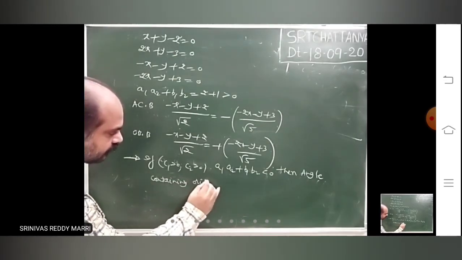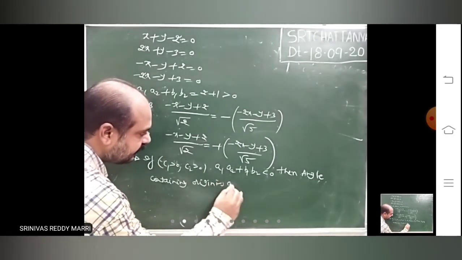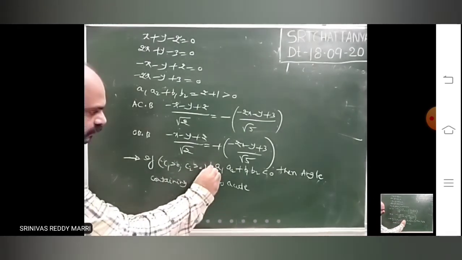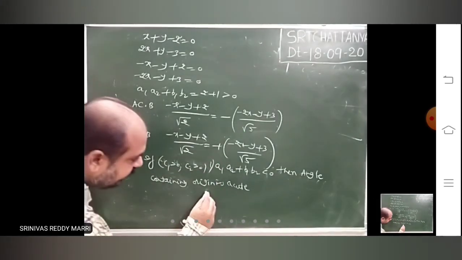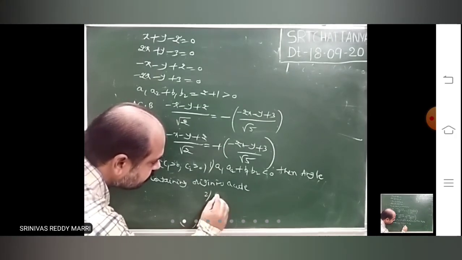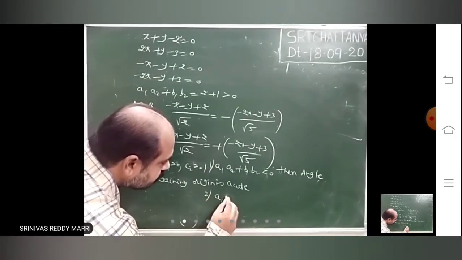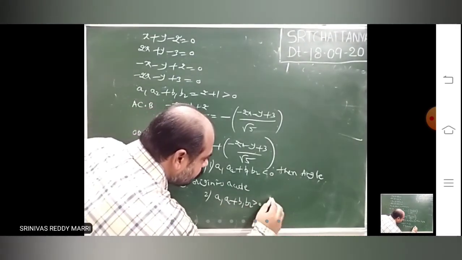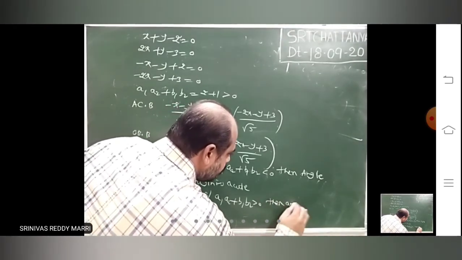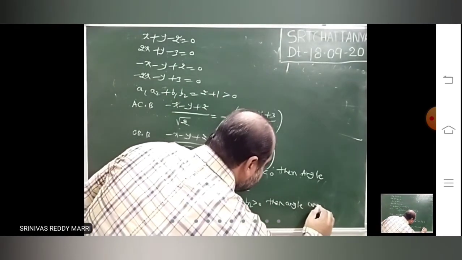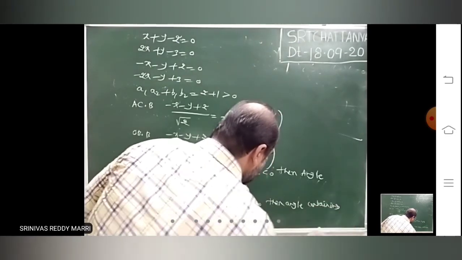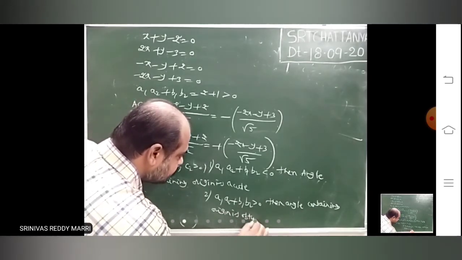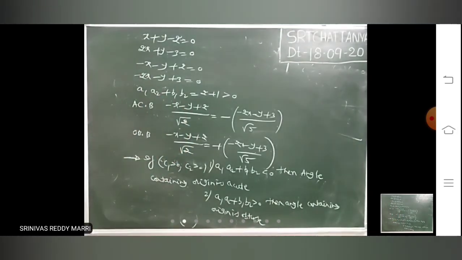Remember this formula. Number 1, the angle containing the origin is acute. Otherwise, the angle containing the origin is obtuse.